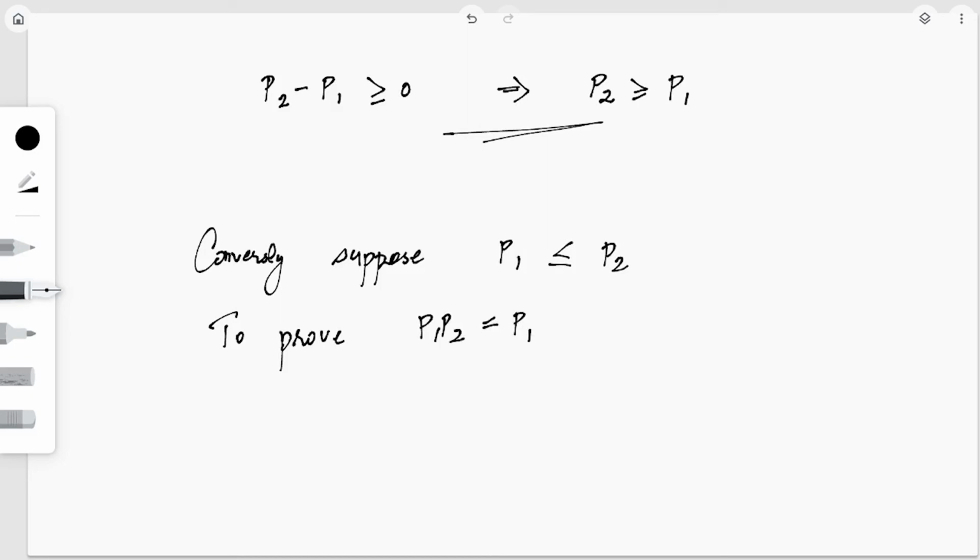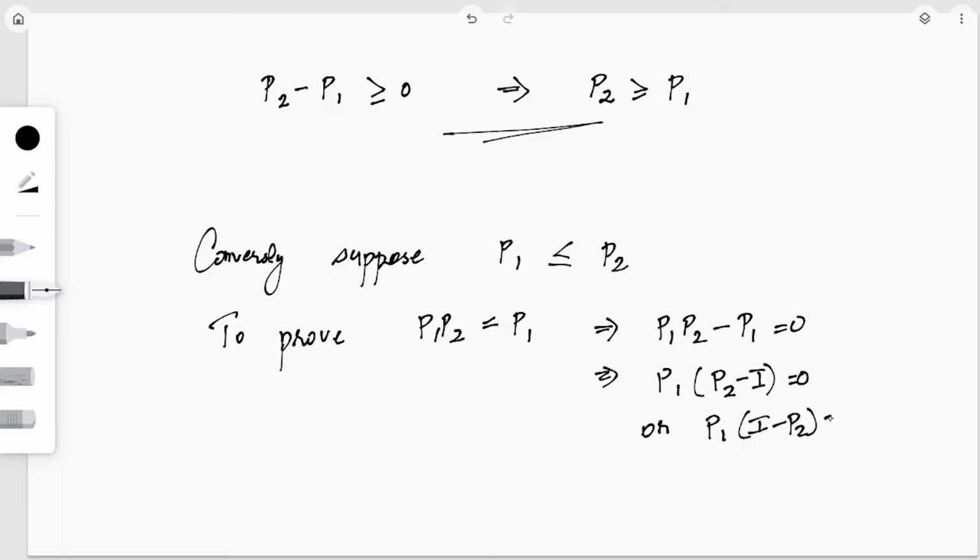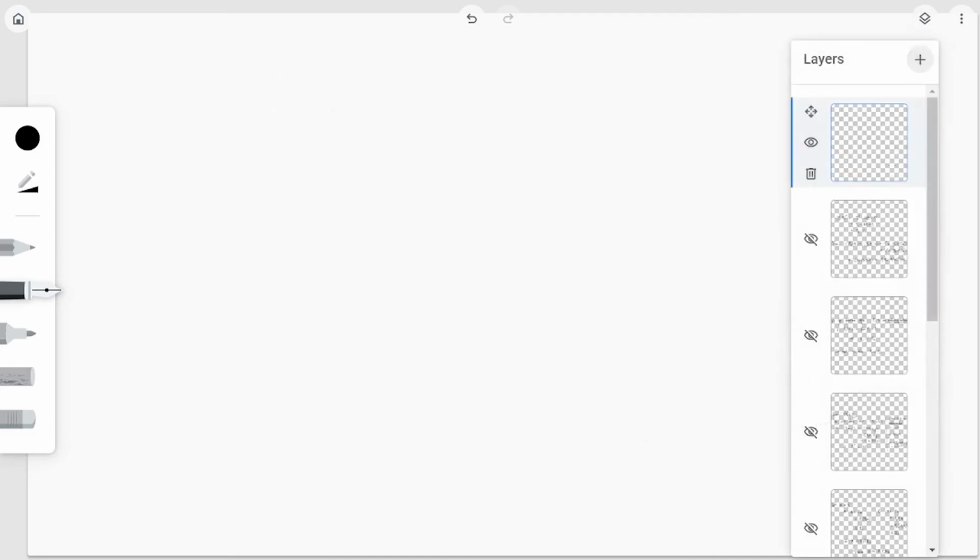Or this implies P1 P2 minus P1 is 0, or that is P1 (P2 minus I), or any of these. So here we'll be doing this part. Okay, so let's see how we can do that.